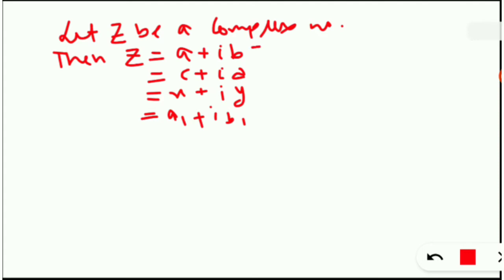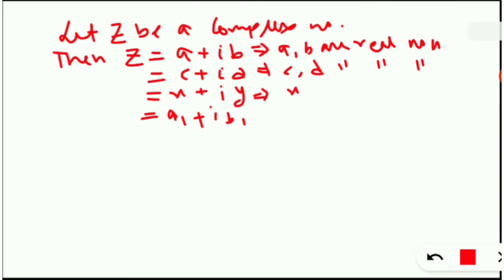So for this, a and b are real numbers. For this, c and d are real numbers.